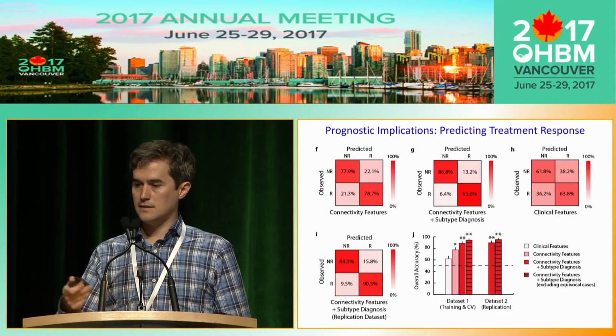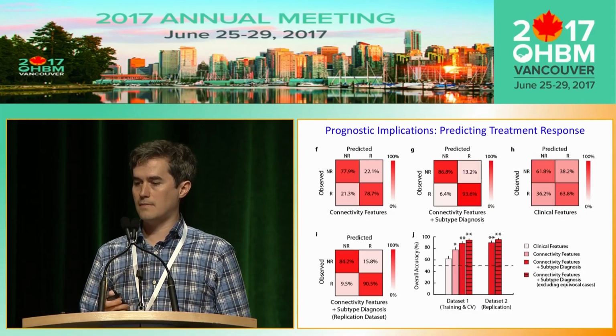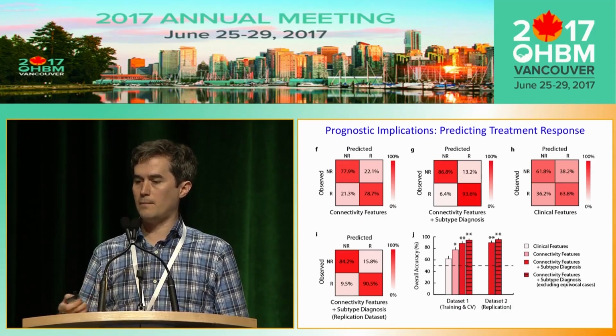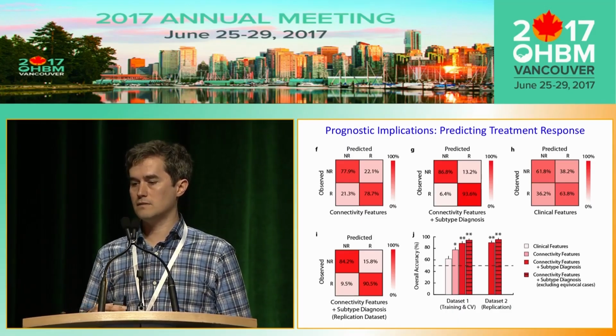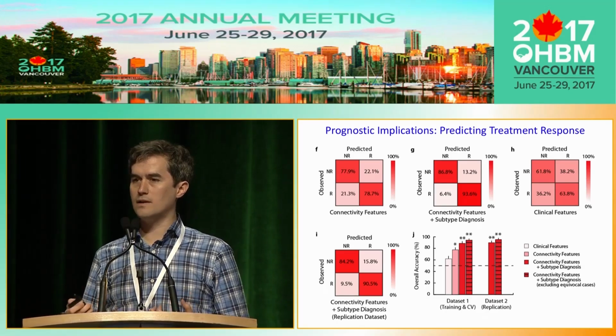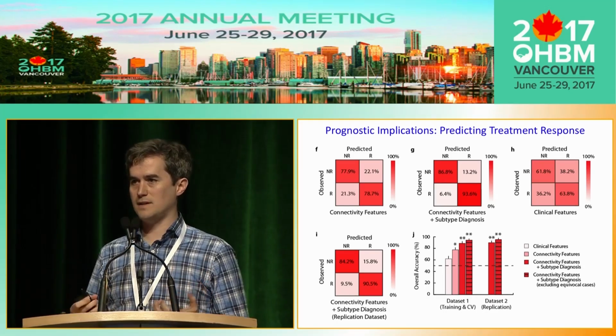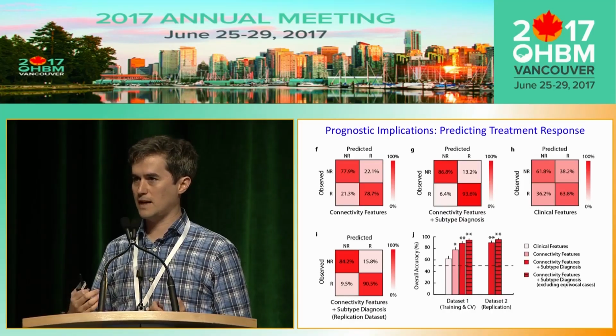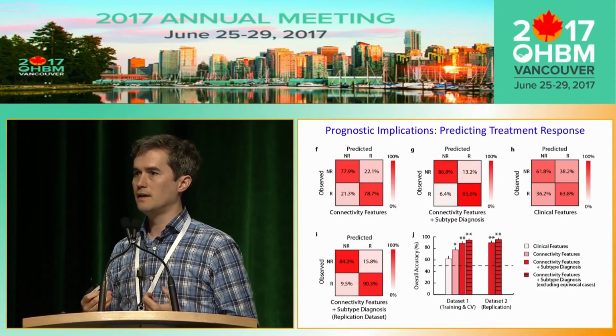We also tested the connectivity and subtype classifiers in an independent replication sample, and got, again, fairly similar results. So I think that's important. I always like to be thinking about how to validate the results when we're thinking about data-driven subtyping.